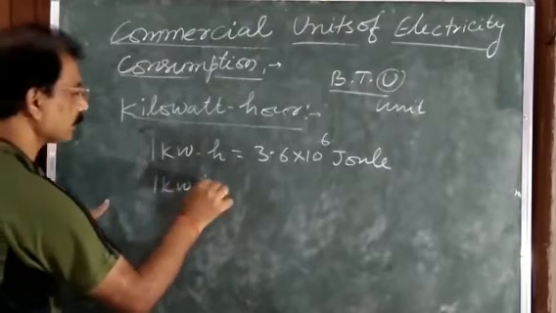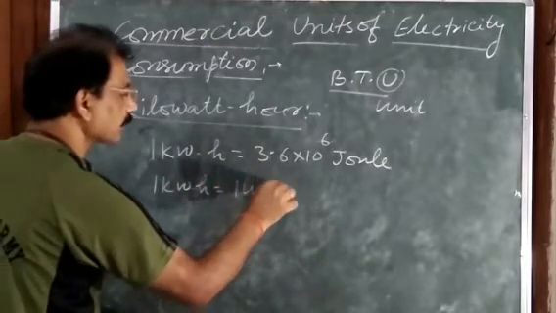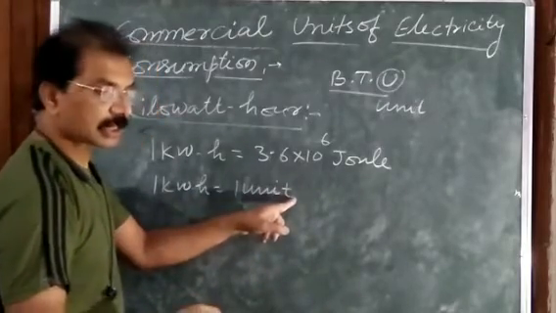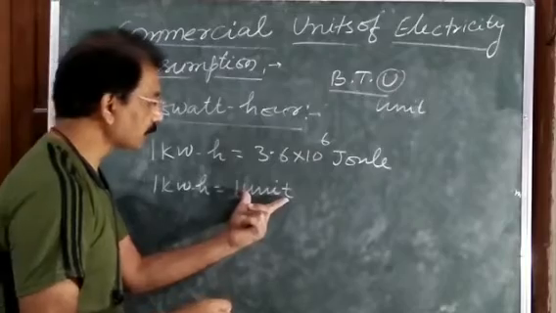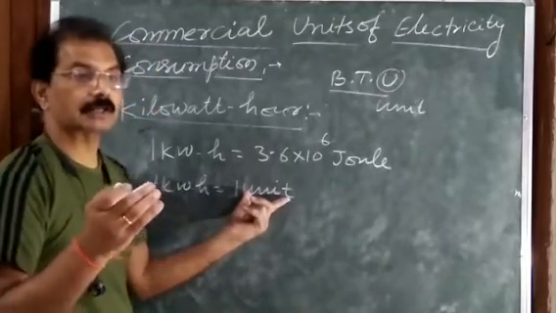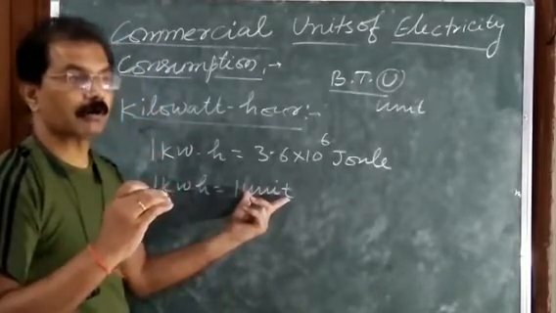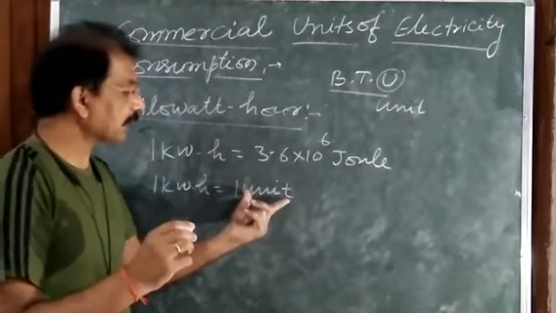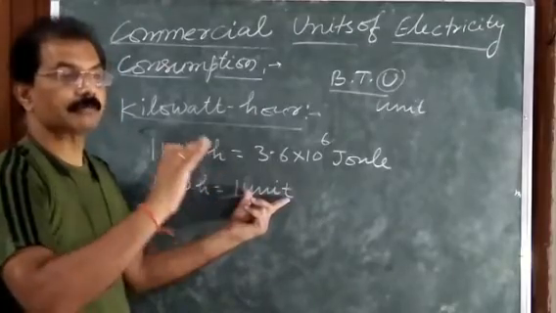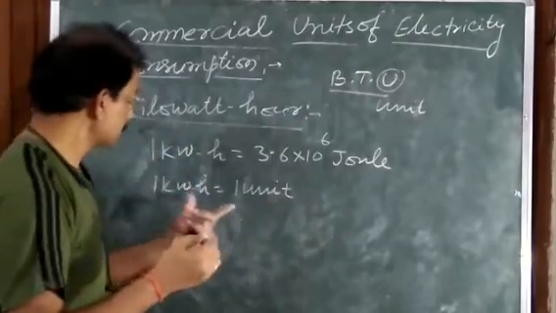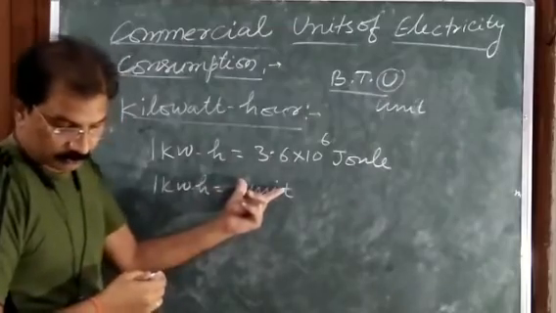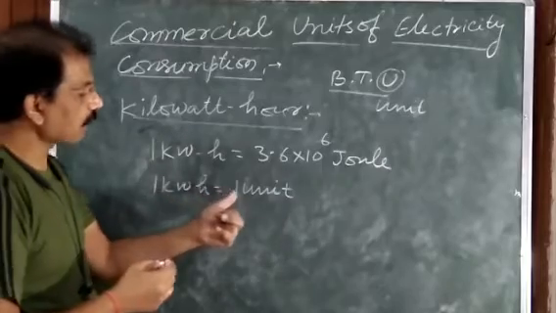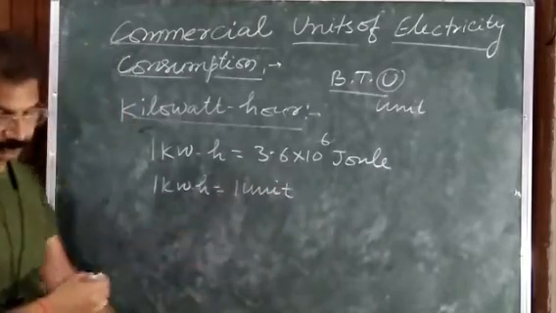And we pay the cost of the electricity consumed by our houses in terms of the unit, कि हमारे घर में कितने यूनिट बिजली खर्च हुई, और जो भी एक यूनिट बिजली की कॉस्ट होती है उससे हम मल्टीप्लाई करके निकाल लेते हैं कि इस पर्टिकुलर मंथ में बिजली की कॉस्ट कितनी आई है. So 1 kilowatt hour is equal to 3.6 into 10 to the power 6 joule, and actually 1 kilowatt hour is also called 1 unit.